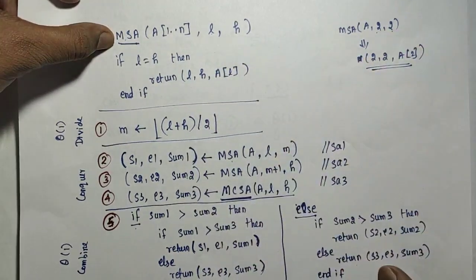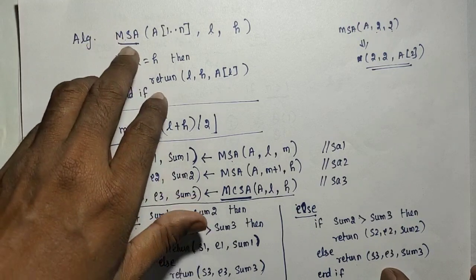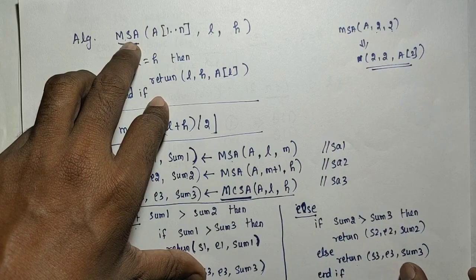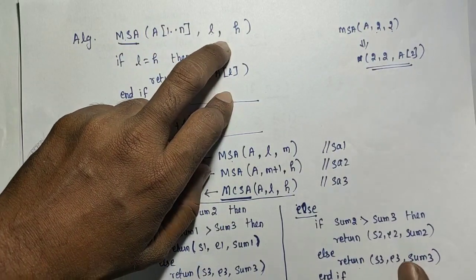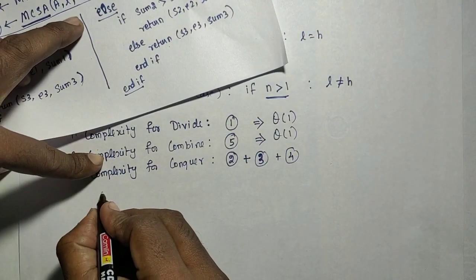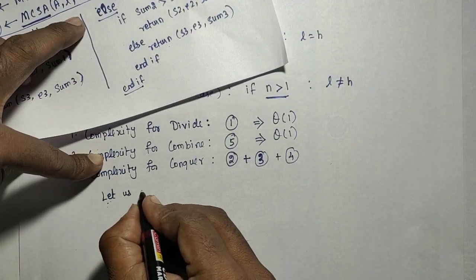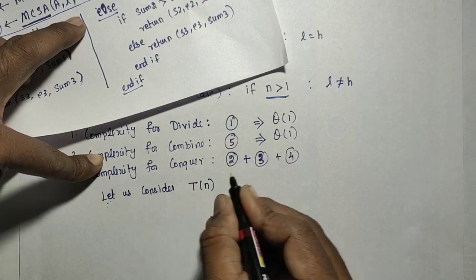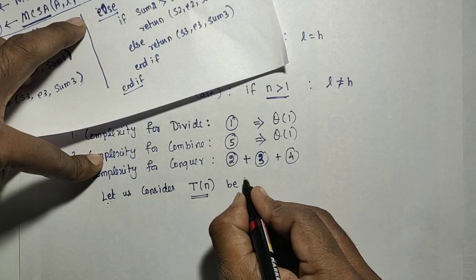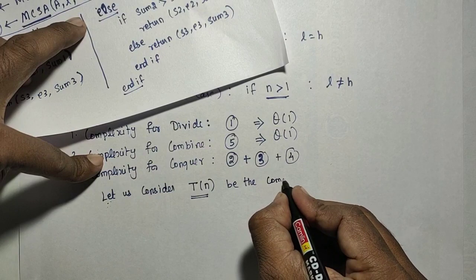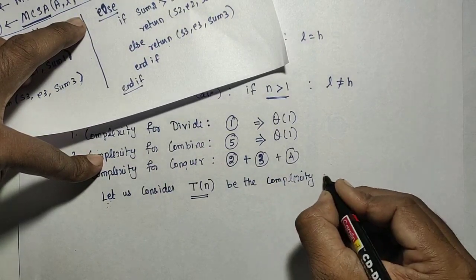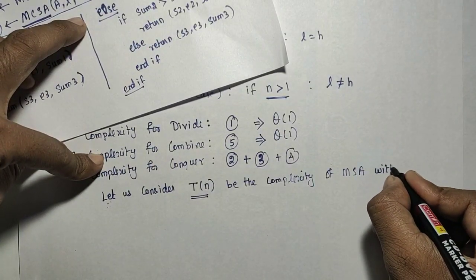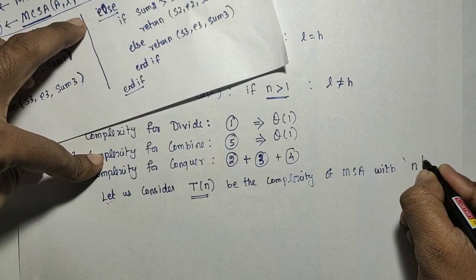Let T of n be the complexity of finding the MSA, that is, the maximum subarray for the input size n.